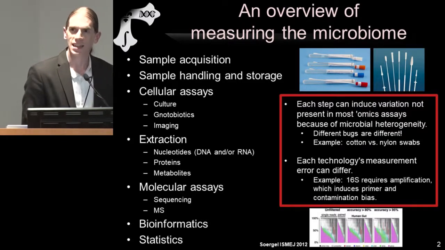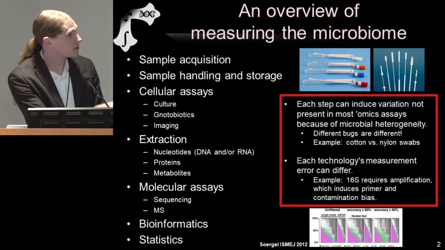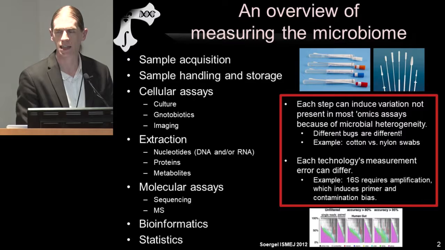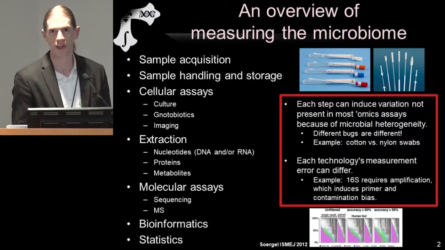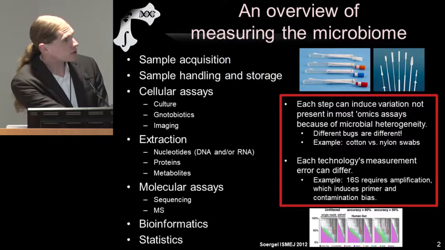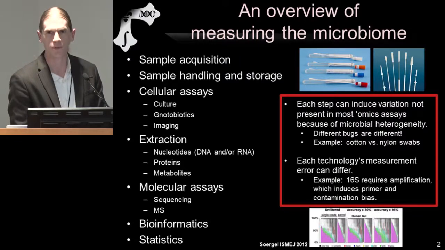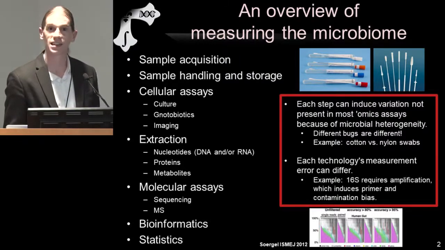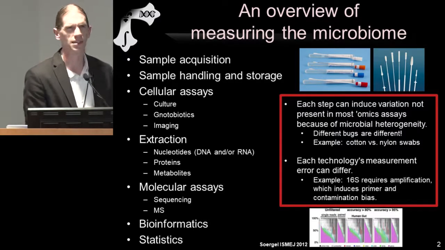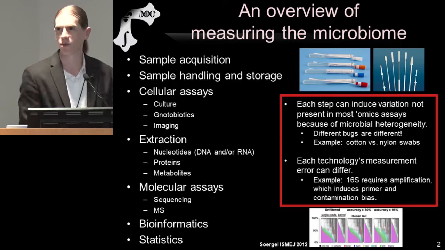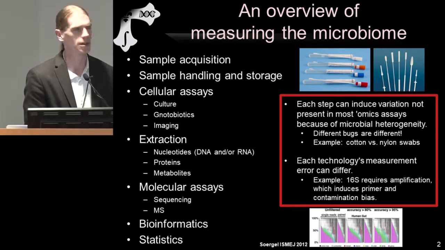And it's surprising in microbiome studies how much technical variation can be introduced at essentially every step in this pipeline, more than most other molecular omics assays, in large part because different bugs are different. The heterogeneity, even within a single community of individual microbes, manifests in surprising ways at different points along here.